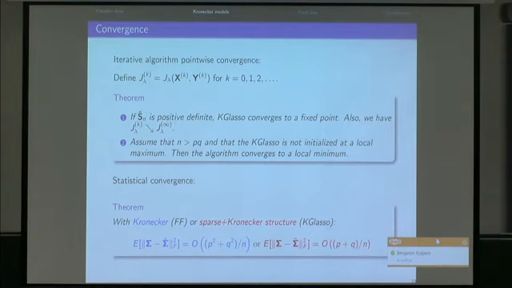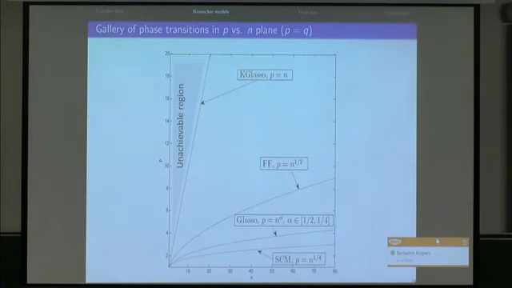And then we have statistical convergence, assuming that the algorithmic convergence holds, which then gives us this order p plus q over n type of rate. So that's not even order d, but order log d in a sense. Well, not really log d, but instead of p times q it is replaced by p plus q. And then you get these phase transitions I was talking about, where n has to be equal to at least p to the fourth if p is equal to q, right?